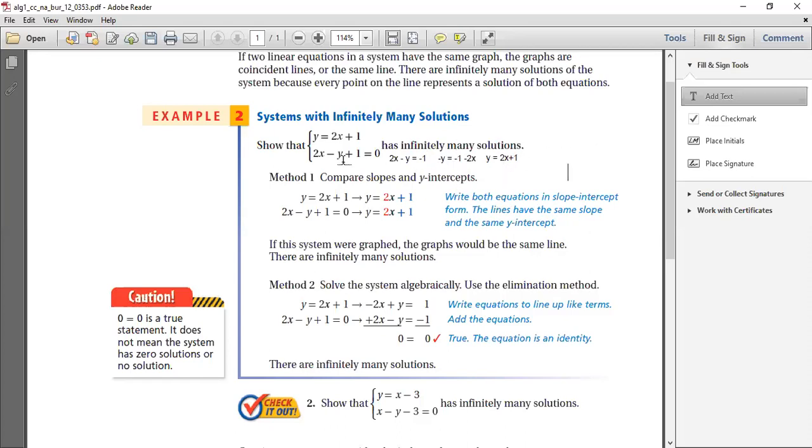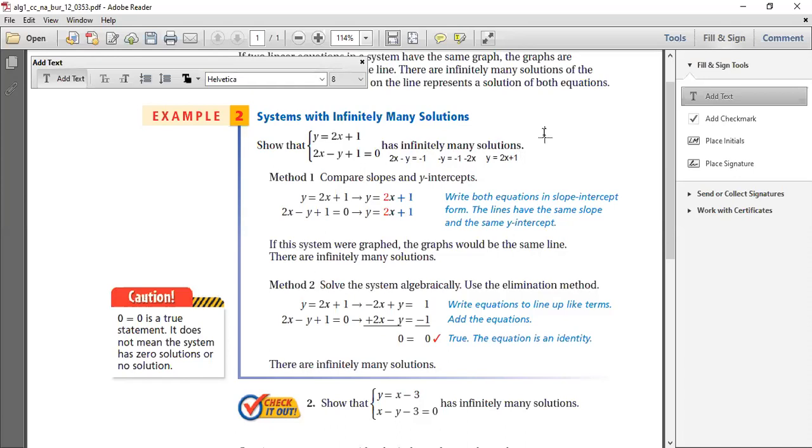So now what are you left with here? That's the deja vu he was talking about in the video. Both the equations are going to be the same because y is equal to 2x plus 1 is the first one, and even in the next one y is equal to 2x plus 1.